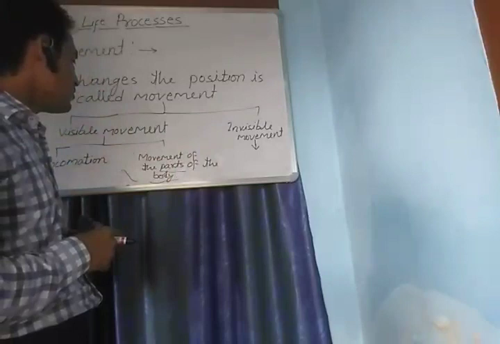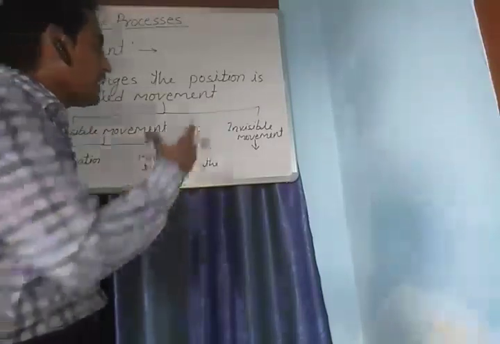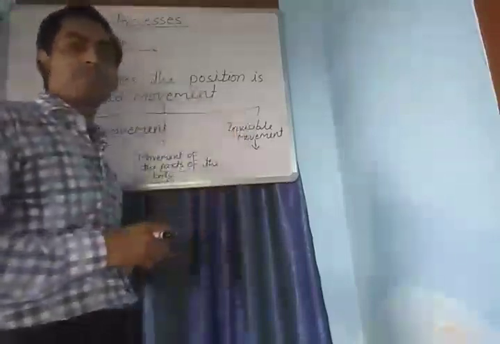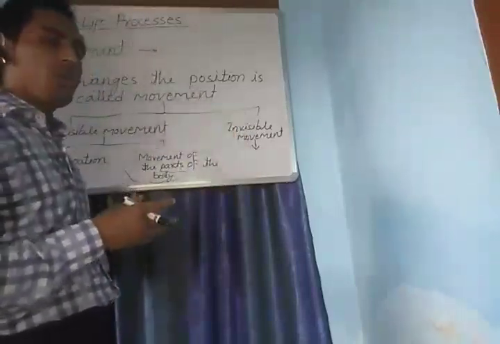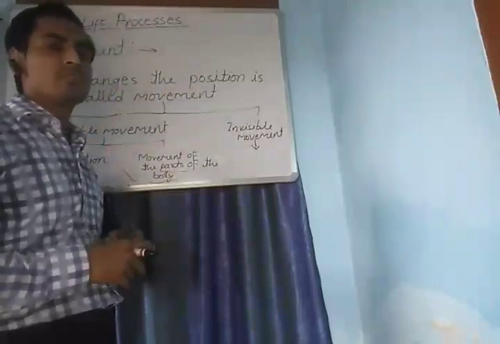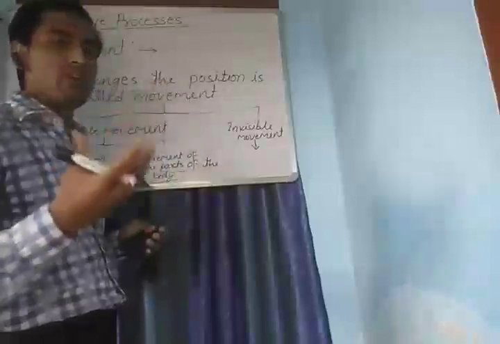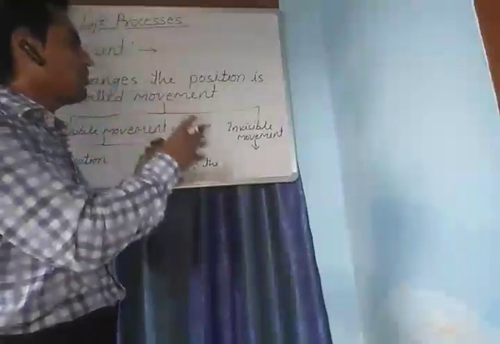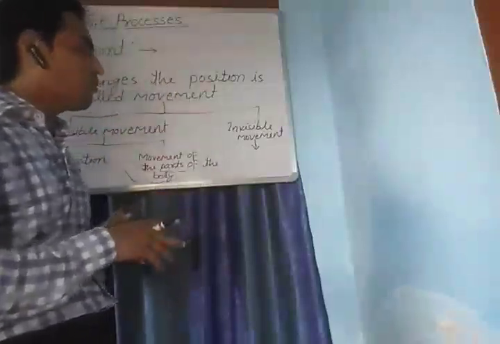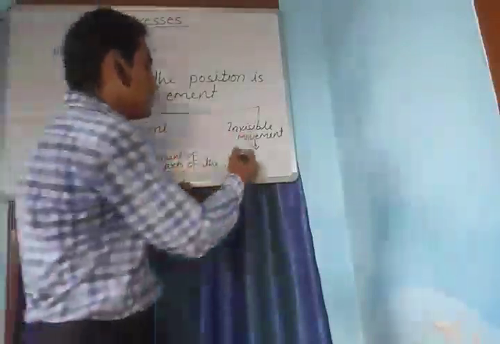So this is not the actual criterion, but invisible movement, which occurs in the body continuously all the time, is the real criterion of a living organism. What is the meaning of it? Movement of molecules from outside to inside.